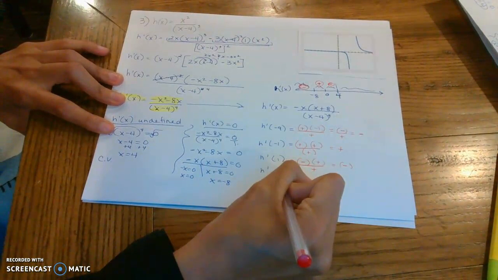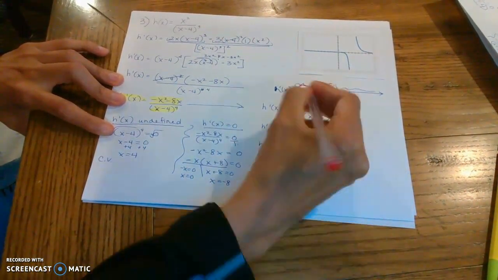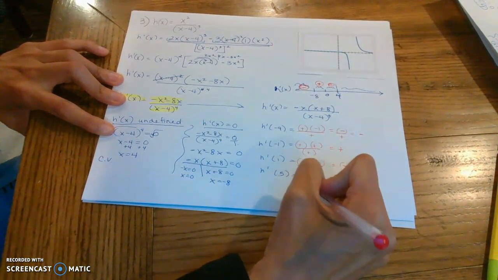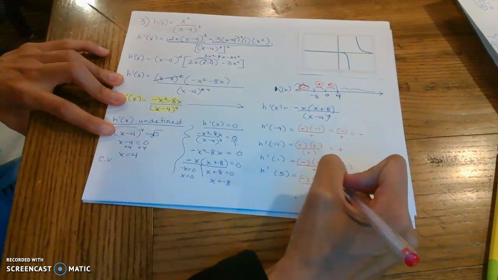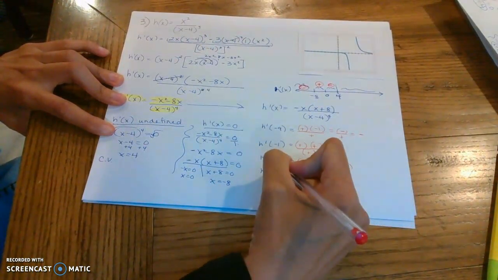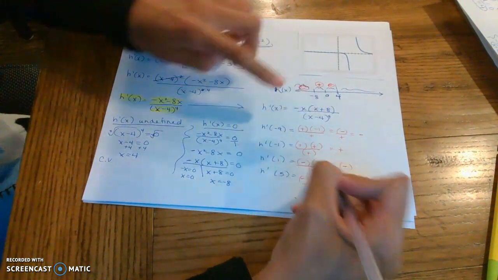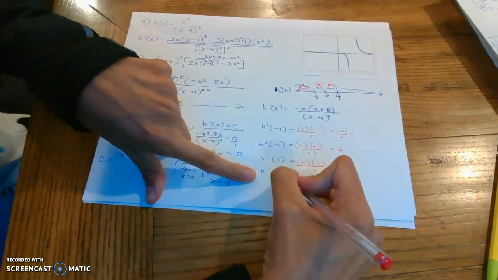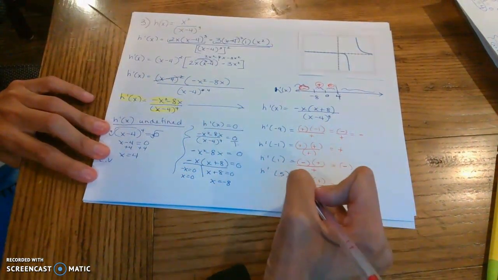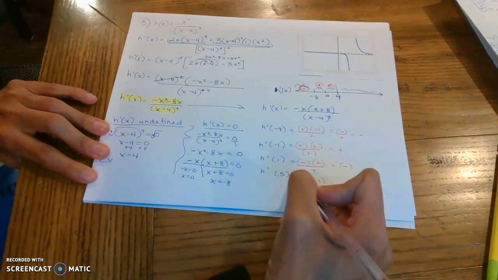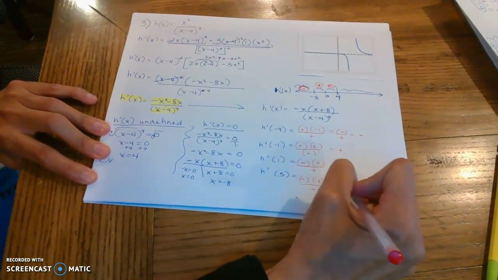And then 5, when you plug in 5 to here, you get a negative times a positive over a positive. When you plug in a positive 5, you're going to get a negative.